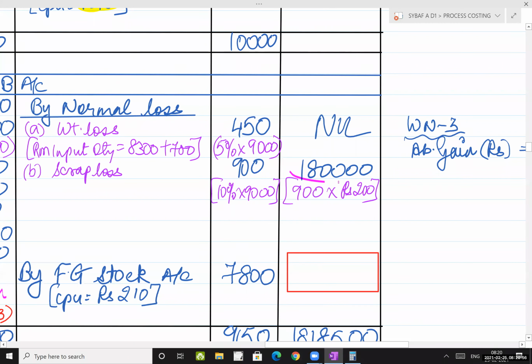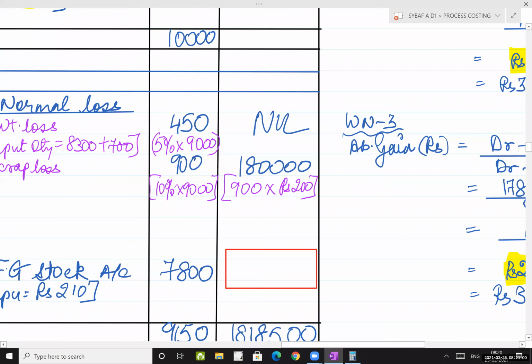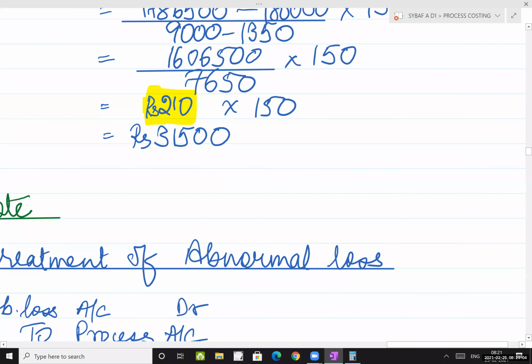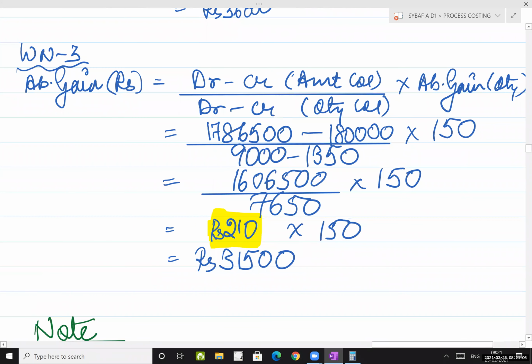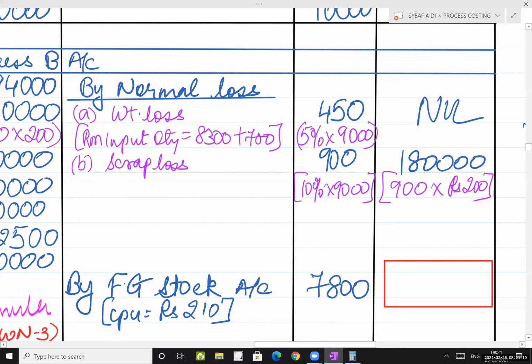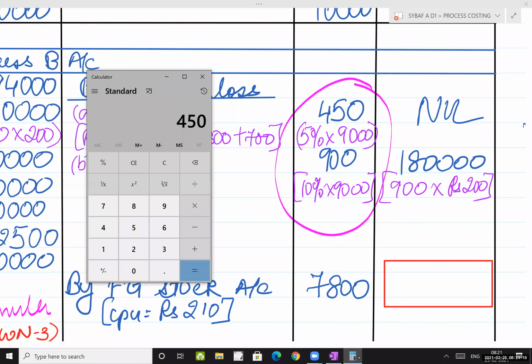Credit side amount 1,80,000. That's it. Debit side quantity is 9,000. Credit side quantity is how much? This 450 and 900. 450 plus 900 is 1,350.